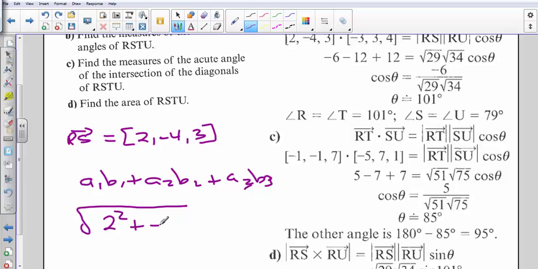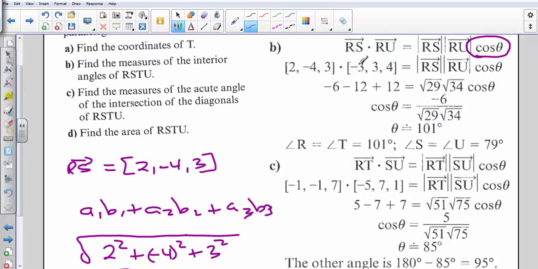So 2 squared plus negative 4 squared plus 3 squared is going to be what? 4 plus 16 is 20, plus 9 is 29, so root 29 right here. And then using the other one, same sort of thing, square it, square it, square it. 9 plus 9 is 18, plus 16 is root 34, and then solve for the missing angle.